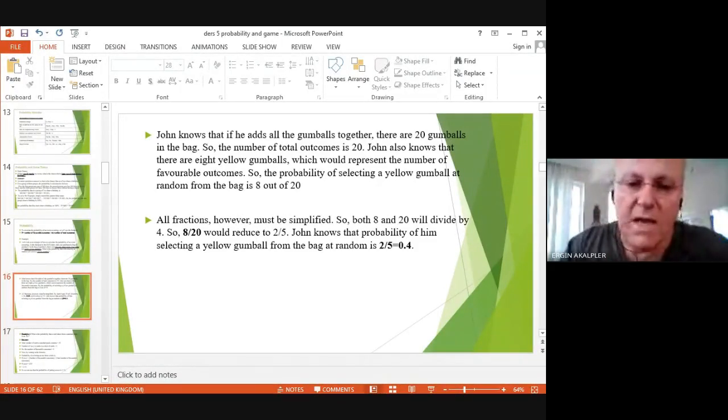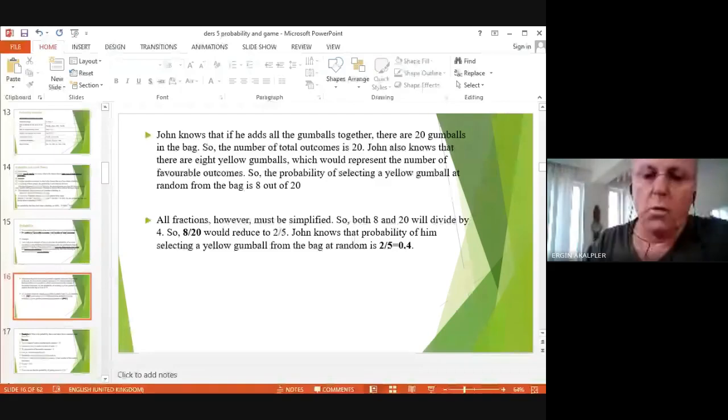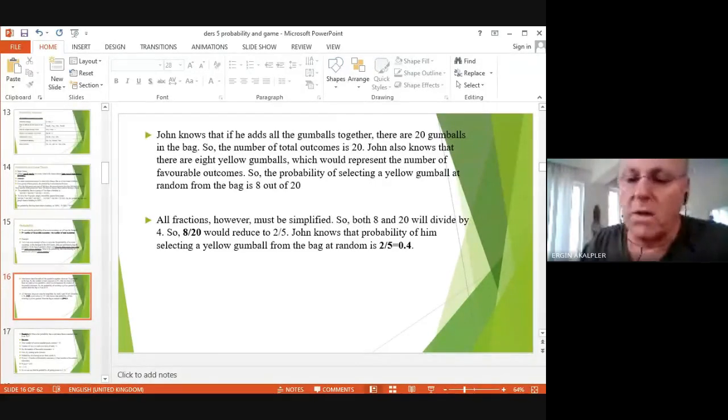Then 8 over 20 will be reduced to 2 over 5, because 4 times 5 is 20 and 4 times 2 is 8. Therefore 2 over 5 gives us 0.4, which is the probability of getting a yellow gumball from the bag by random selection.